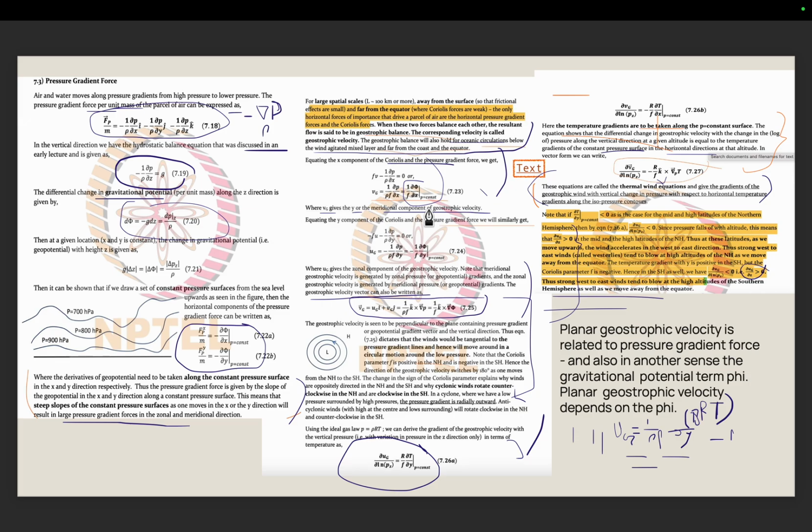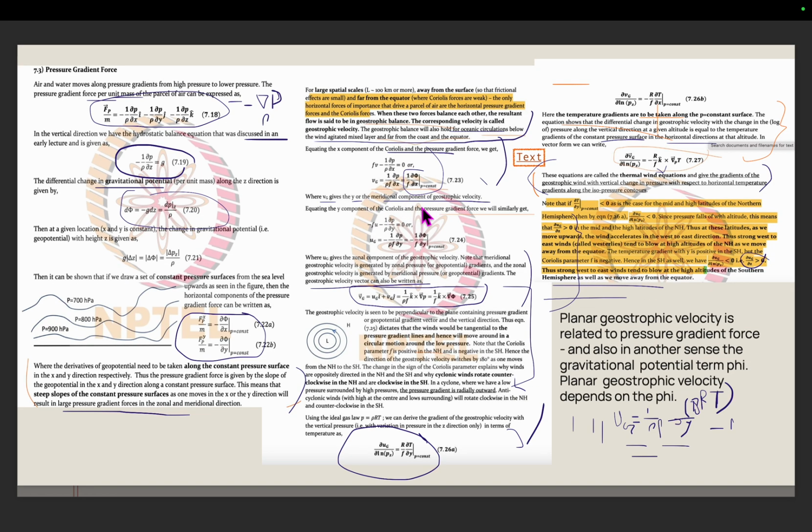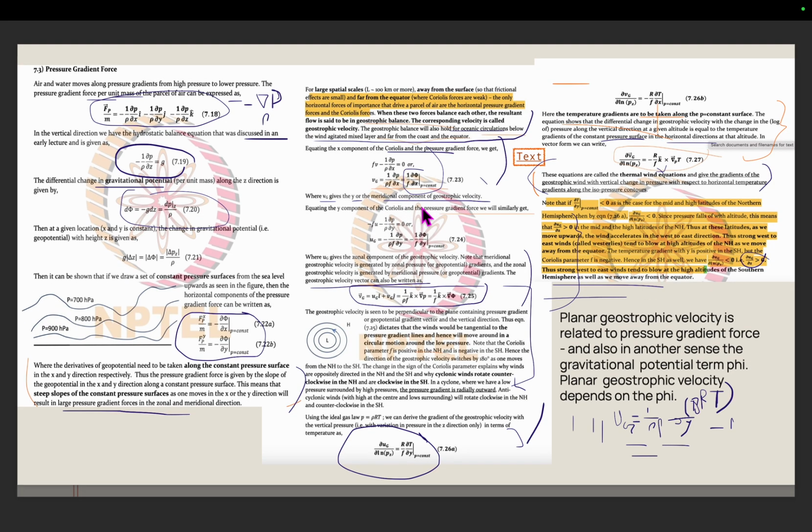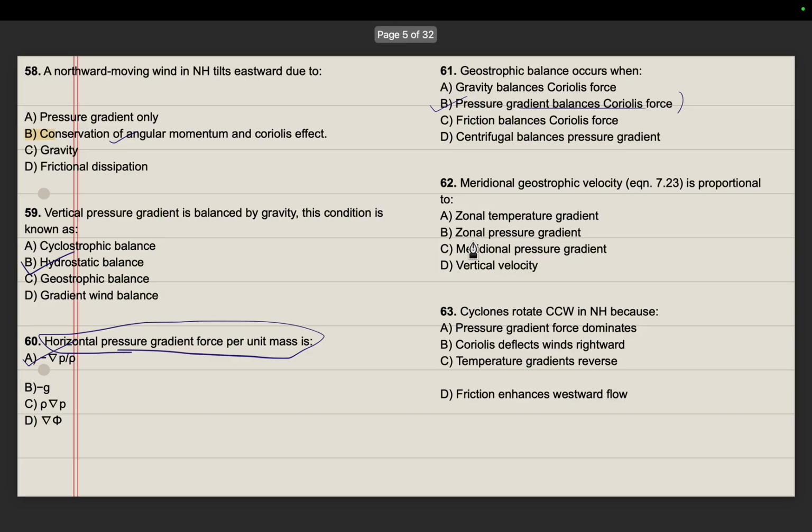Zonal temperature gradient, zonal pressure gradient, meridional pressure gradient, or vertical velocity.